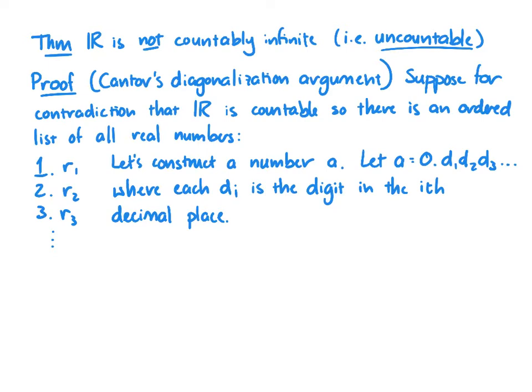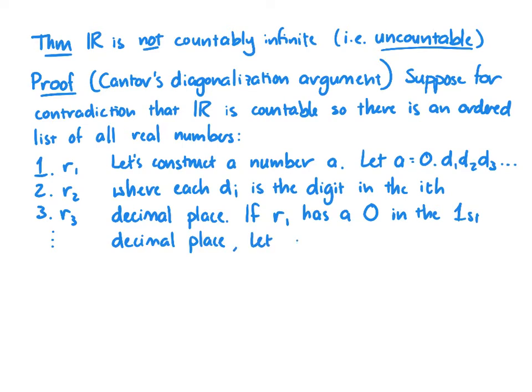So here's how we're going to do this. How are we going to define D1? I'm going to look at the first real number in our list. If R1 has a 0 in the first decimal place, then we're going to let D1 in our number A be equal to 1.